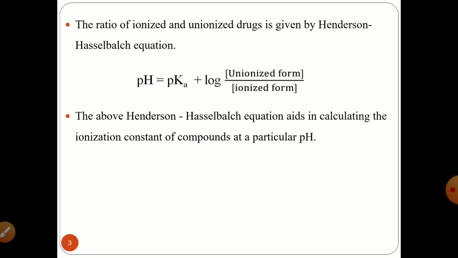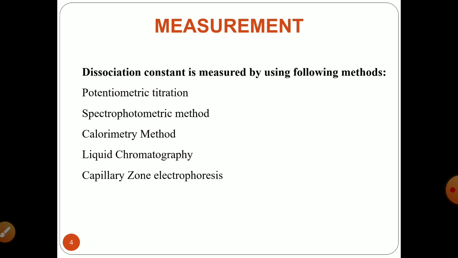There are various methods by which you can measure the dissociation constant. These are the potentiometric titration method, where pH determination is the basis; the spectrophotometric method, where you deal with UV-visible spectroscopy; and the colorimetry method, where you employ the principle of the colorimeter for determination of dissociation constant.